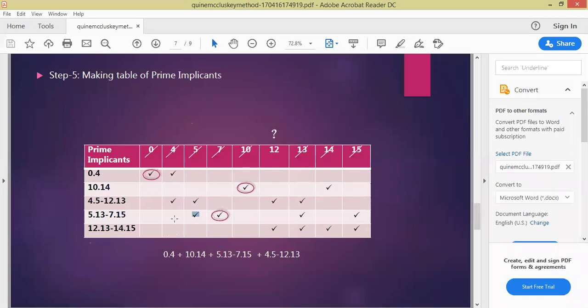So 4 is covered in 0, 4, 5 is covered in 5, 13, and 12 is covered in 12, 13, and the remaining are covered in 13 and 12. So we are leaving this particular row as the terms in that row are covered in the other rows. We are just considering these prime implicants, and these are known as essential prime implicants.